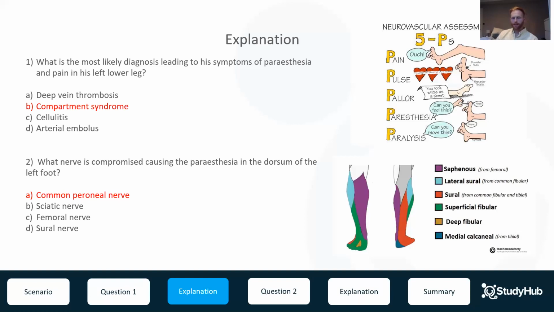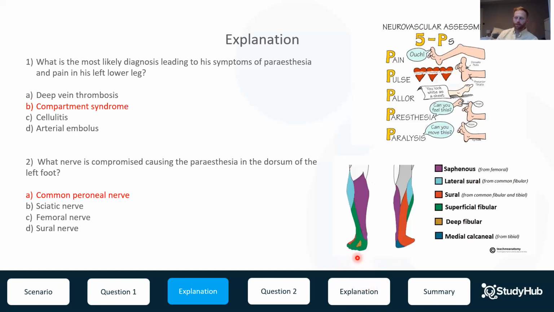Now, the deep peroneal nerve supplies the first web space, which is indicated here on your diagram in orange. And the superficial peroneal, which they also call fibular here, supplies the dorsum of the foot.